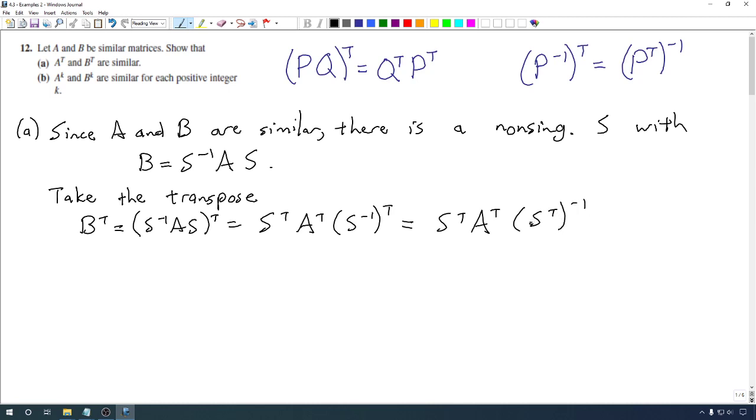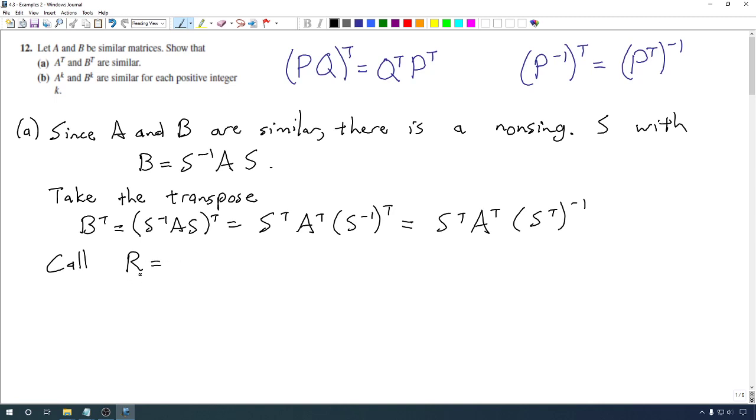And we want to see, is this actually the form that we want? Well, the names are not necessarily what we want, but let's rename this. We want to have something like an S here, a non-singular S. Why don't we call this matrix that we got here, this S transpose inverse, a new matrix?